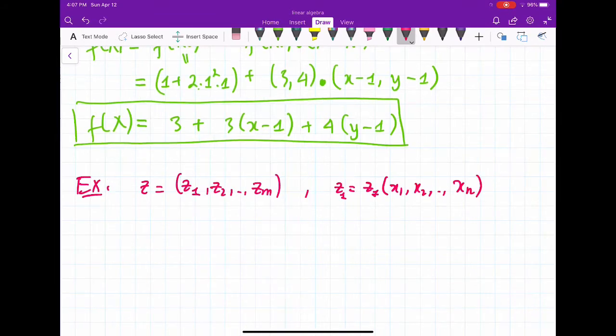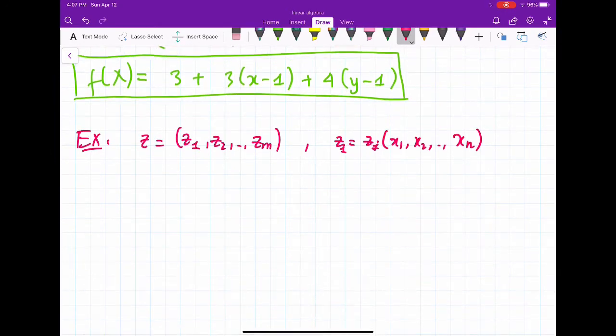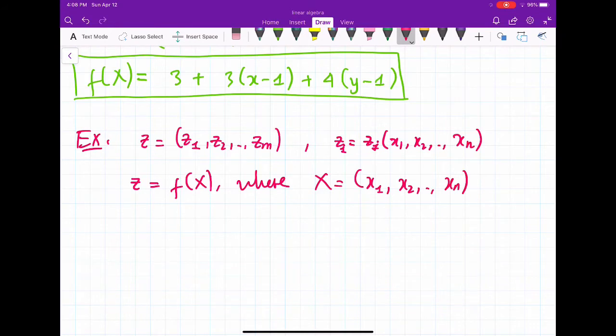All the functions are functions of n variables. Overall, you may express z as f of x, where x is x1, x2, up to xn. But in this case, you will not have a scalar function. You have a vector function.